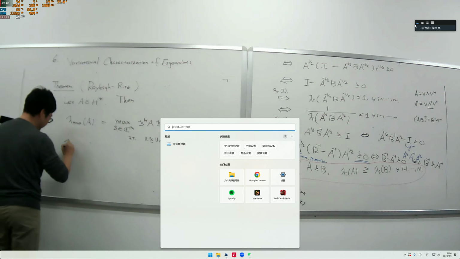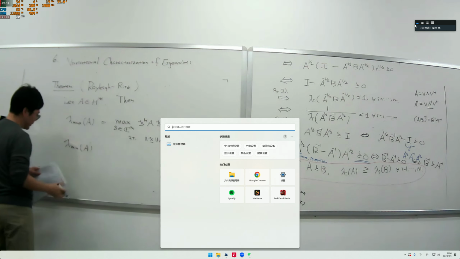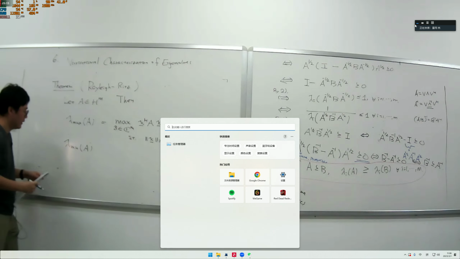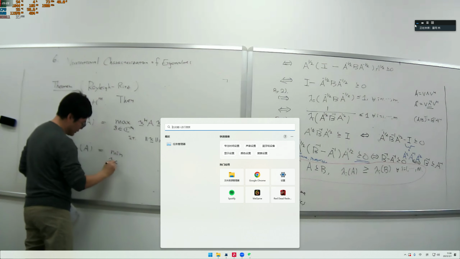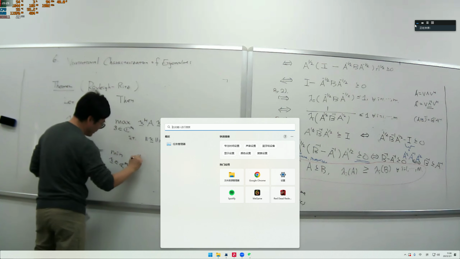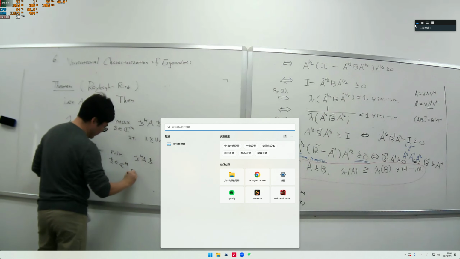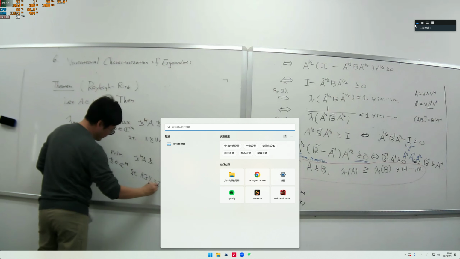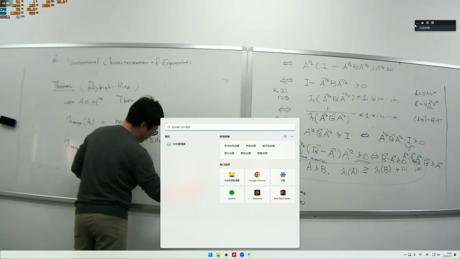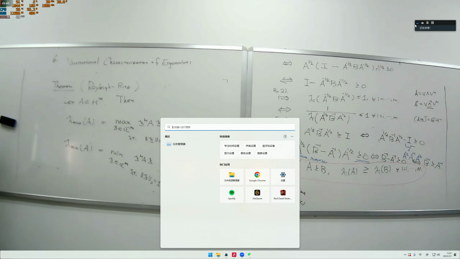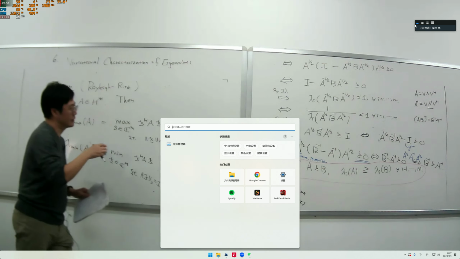And similarly, the minimal eigenvalue, the smallest one, you change this maximization problem to a minimization problem. Actually, this is not difficult to see.